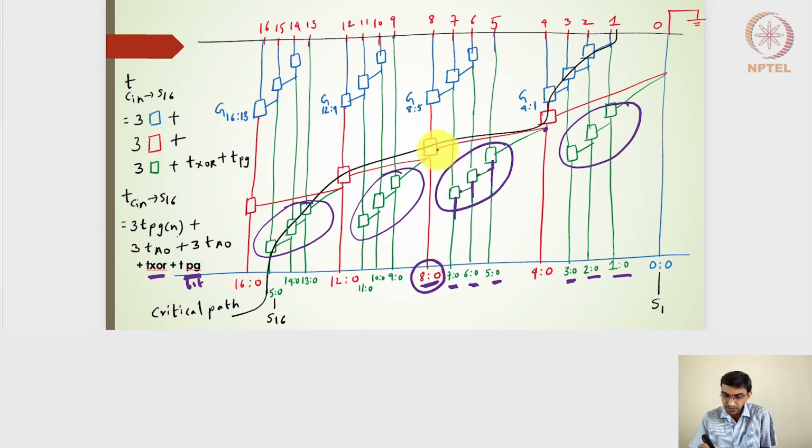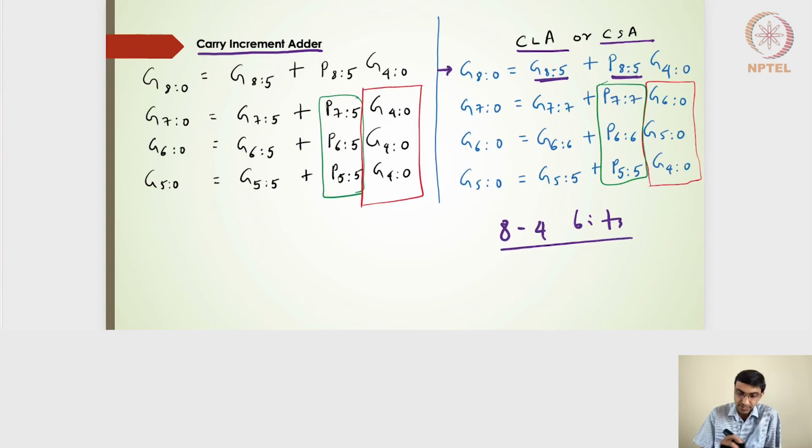Now similarly, if I want to create the similar expression here, this block can be brought into the same level, but I need not only 4:0, but also 7:5, G7:5 and P7:5. For generating 6:0 at this level, I'll require G6:5 and P6:5. Right, so that's what the carry increment adder does here.